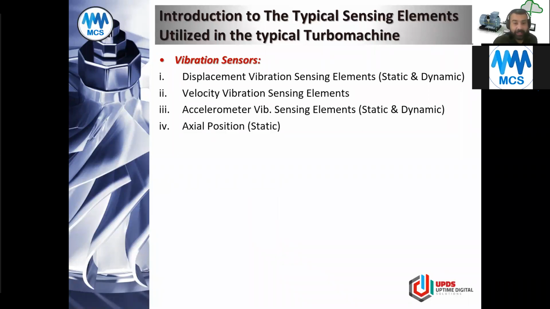Okay, axial position, and this is a static sensor. This is actually a displacement probe or proximity probe to sense only the axial positioning of the shaft itself when it tries to fluctuate in the axial direction. Rod drop sensing elements.